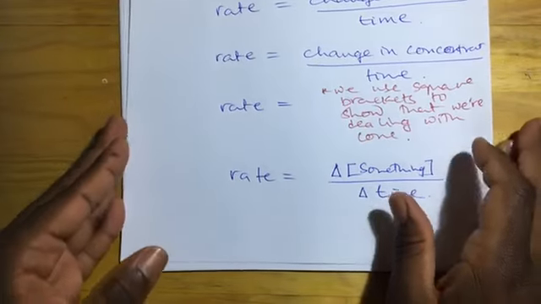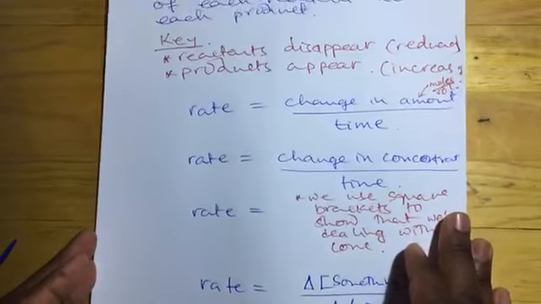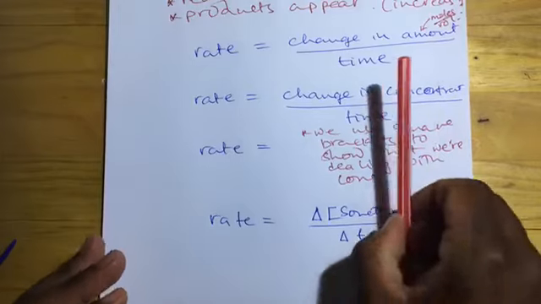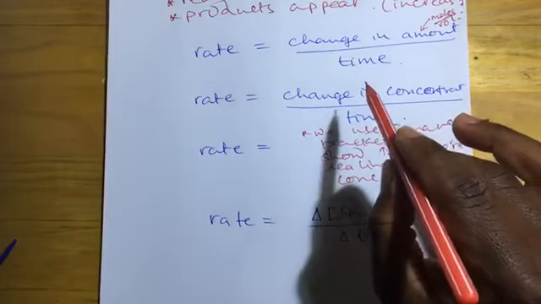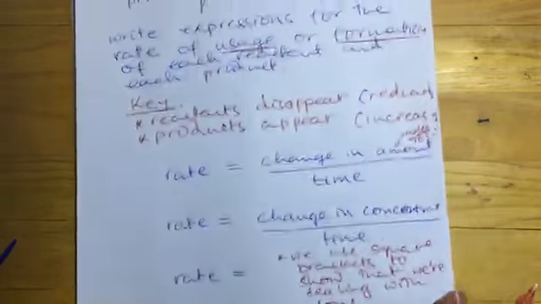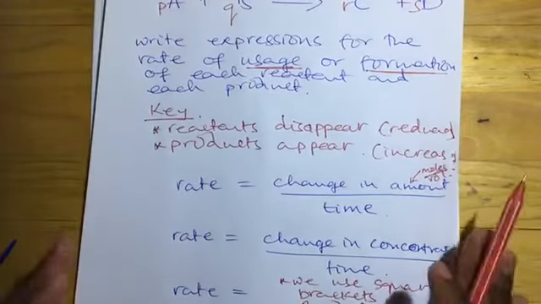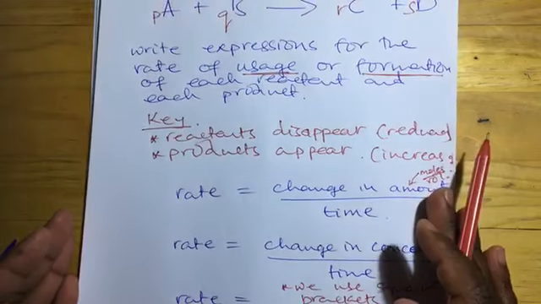Now, there's a part, I'd like you guys to write this. There's a part of chemical kinetics that is interested in coefficients, and there's a part of chemical kinetics that is not interested in coefficients. You get?